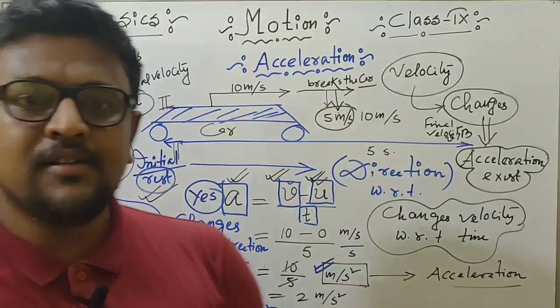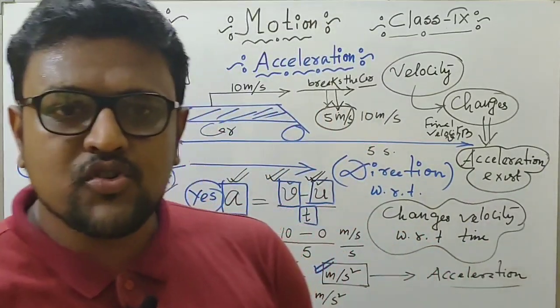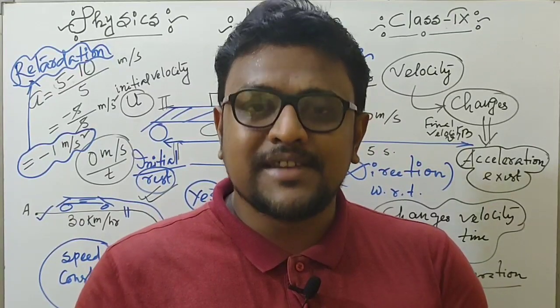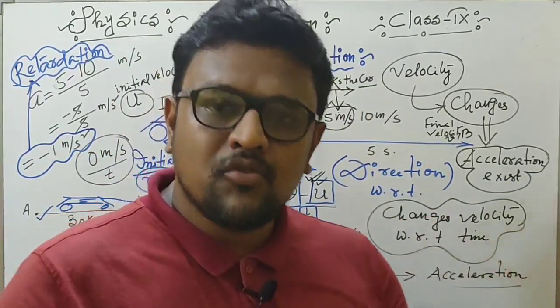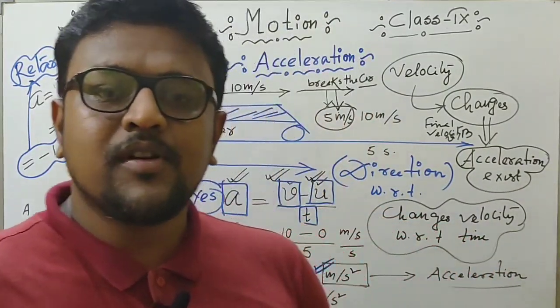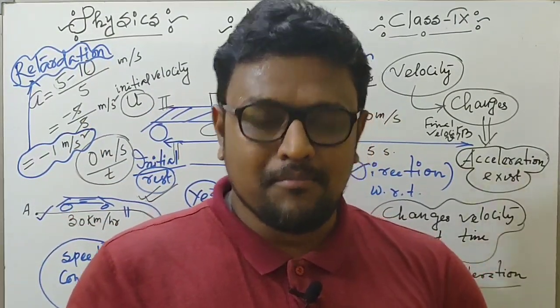So till now what did you learn? The first concept was motion. So what is motion? Motion means an object changes its position with respect to time, from rest to moving. After that we learned there are two concepts of motion. Number one, the study of motion is called mechanics.